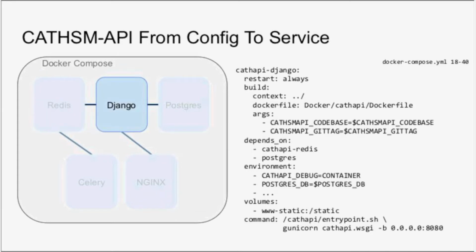Our second service is the Django container for the CATH API, which has something special in the build section. Traditionally, inside your Dockerfile, you would instruct Docker to always do a fresh checkout of a Git repository if the code is based on Git.